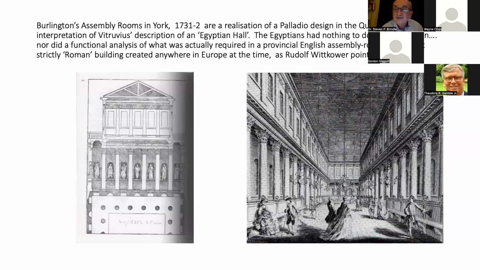Rudolf Wittkower pointed out this was the most austerely Roman building anywhere in Europe at the time, because what Burlington was seeking to do here was not really to create Palladian buildings, but to create Roman buildings, I think, using Palladio as his mentor, guide, and source.